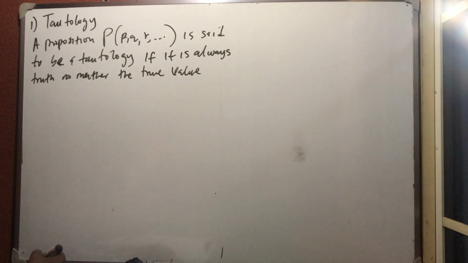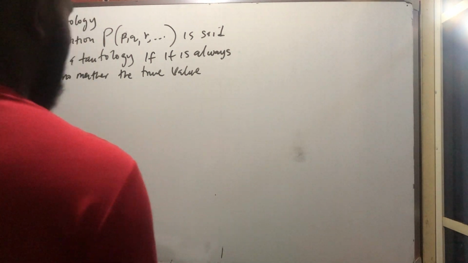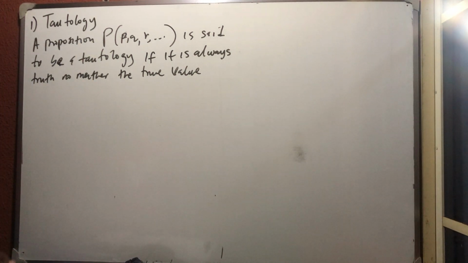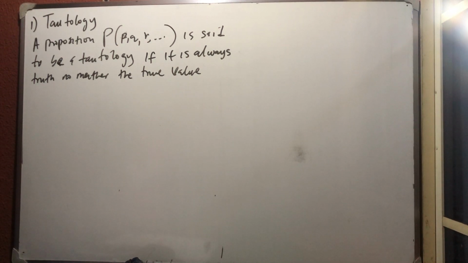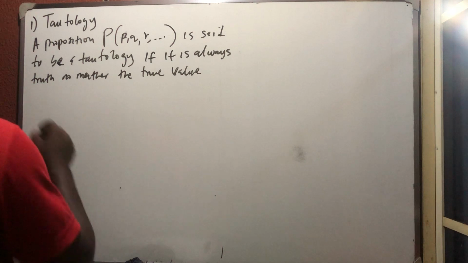I hope you know that truth value does not mean that it is true. Truth value is just the value, and a truth value can be true or false. So it is a tautology when we have true everywhere. Then you call it a tautology. That is number one.